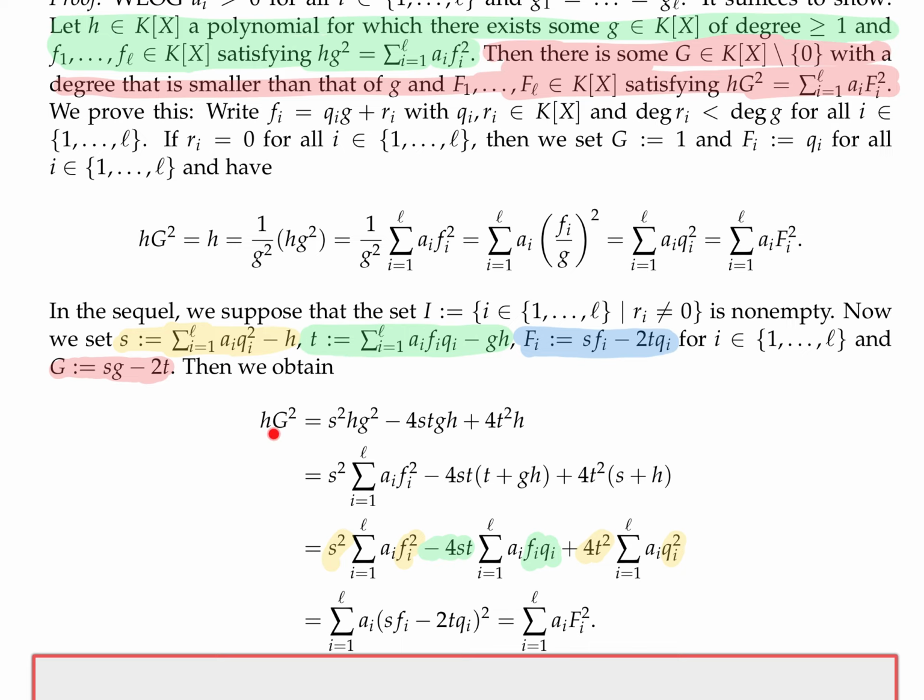So I have indeed hg squared is magically with sum here. So I have this condition, right? But of course, we have still to show that capital G is not a zero polynomial and that its degree is smaller than the degree of little g.